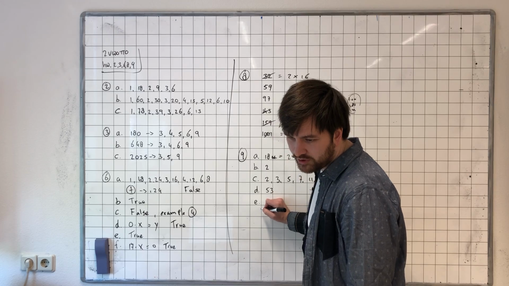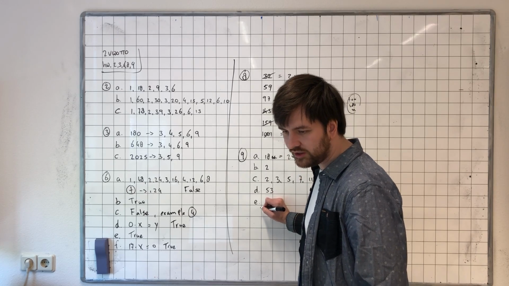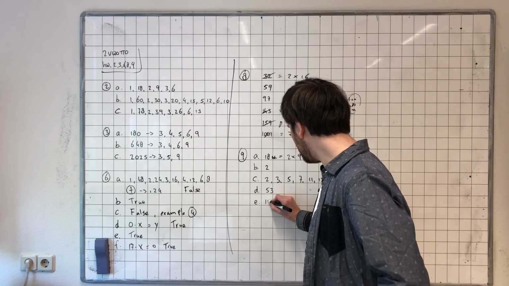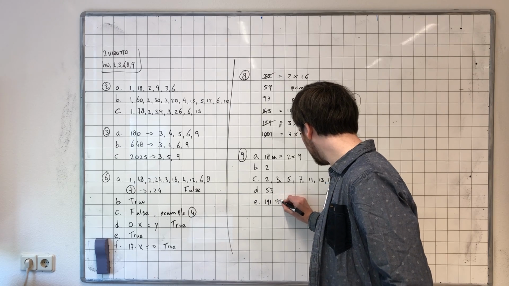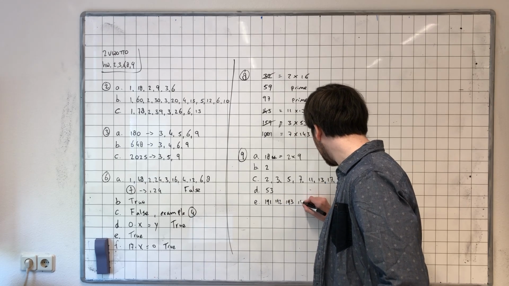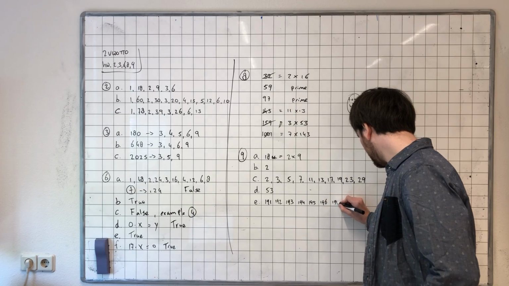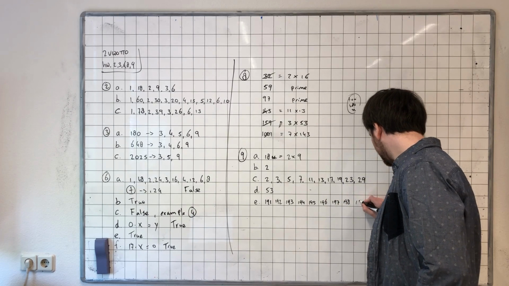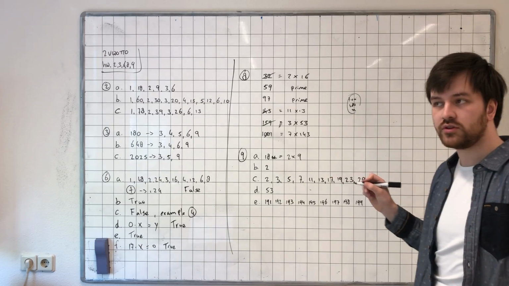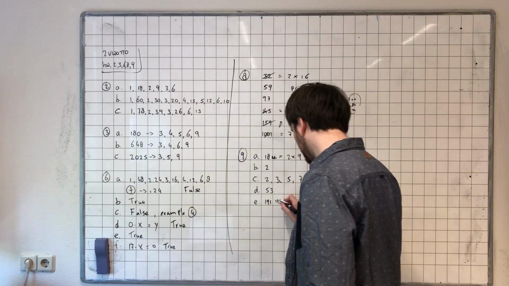How many prime numbers are there between 190 and 200? So these are all the numbers that are in between there, and we're going to try and remove them as we're working on it. So all of the even numbers are divisible by 2, so we can remove them.